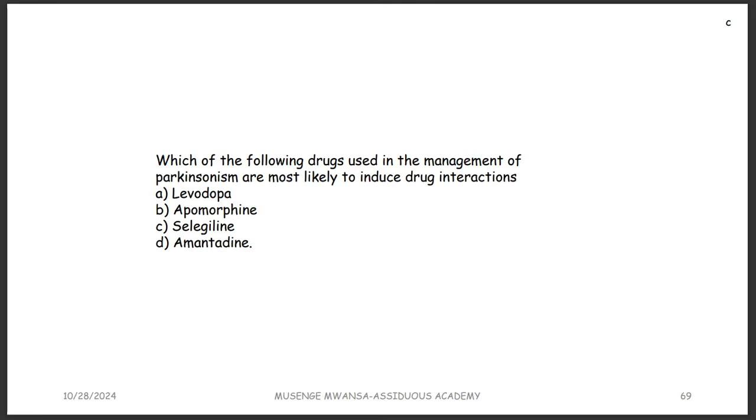Number one, which of the following drugs used in the management of Parkinson's are most likely to induce drug interaction? A. Levodopa. B. Apomorphine. C. Selegiline. D. Amantadine. Which one would we go for?